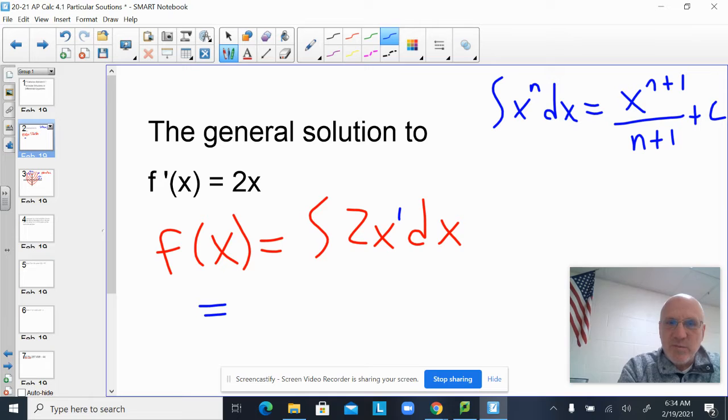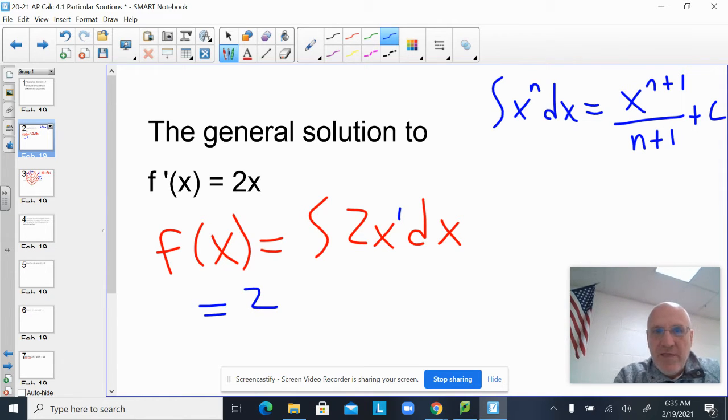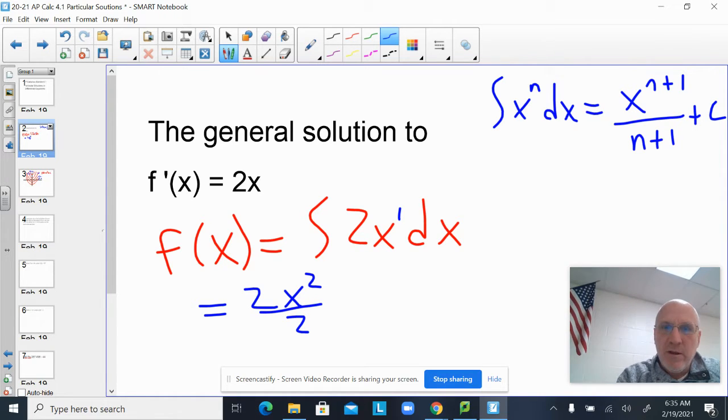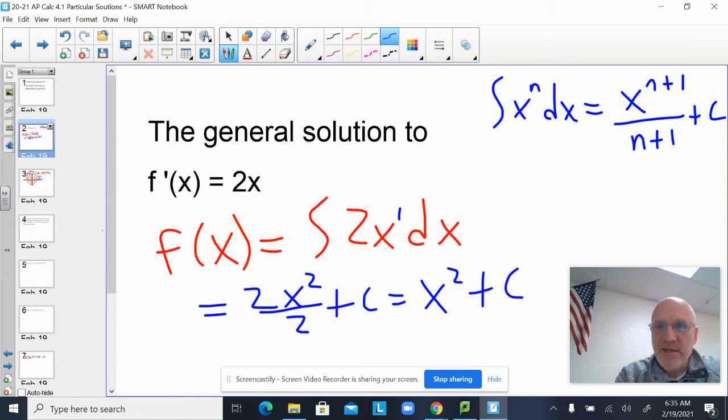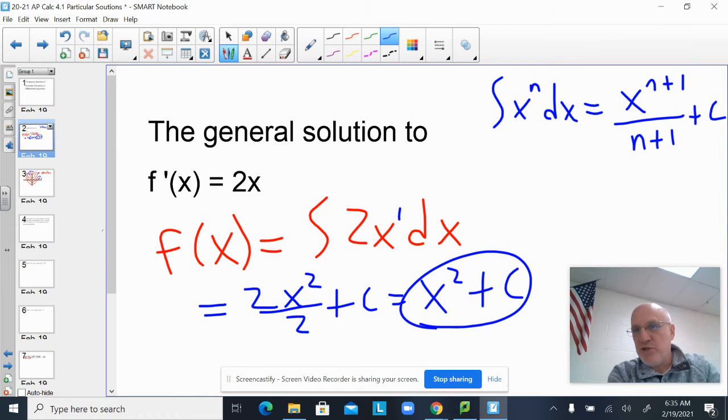Officially, we might save ourselves a step here, but officially it would be 2, the constant 2 we're carrying forward, and then x squared over 2. That's raising the exponent by 1 and dividing by the new exponent, plus c, which of course the 2's cancel, so it's x squared plus c. There is the general solution to the differential equation f prime of x equals 2x.